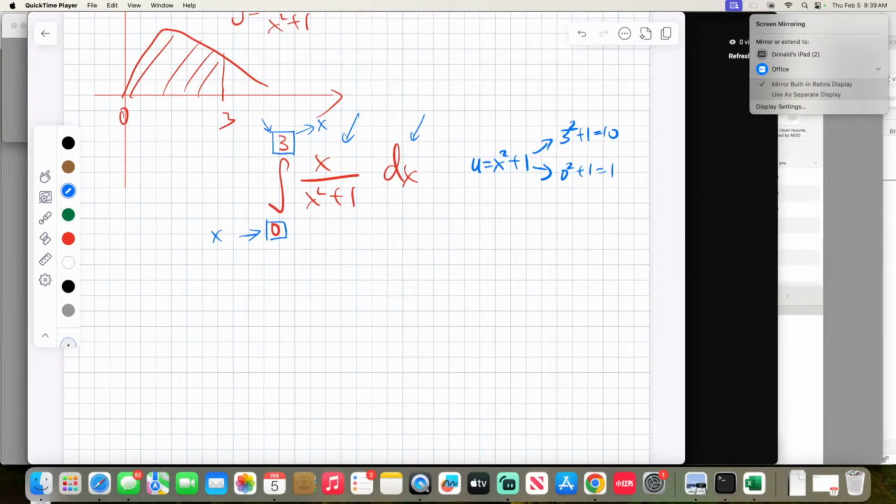Is this strictly increasing or strictly decreasing? Are you sure? We have an exponent which grows very fast.